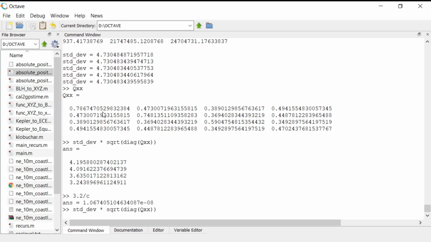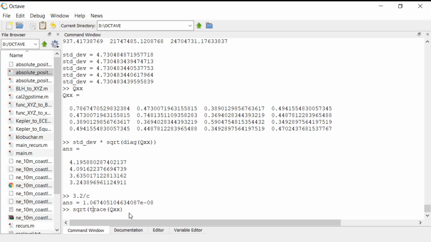So if I take the trace of this cofactor matrix, of the diagonal elements, let's first get the trace of Qxx and then take the square root.